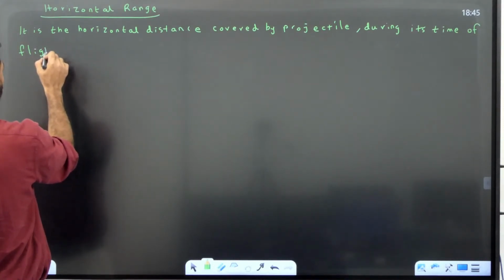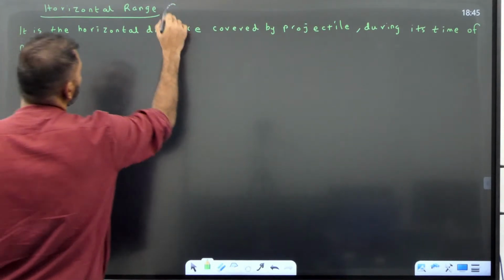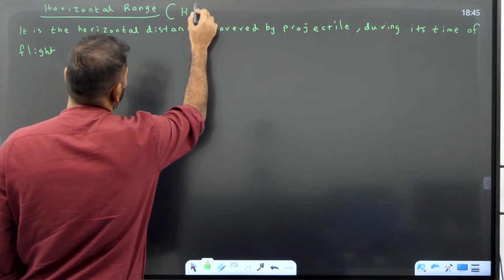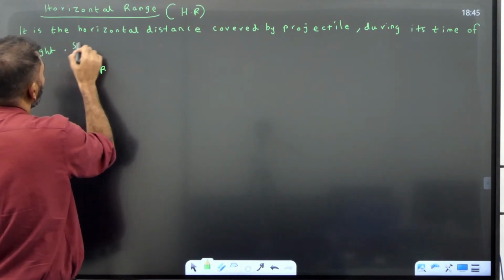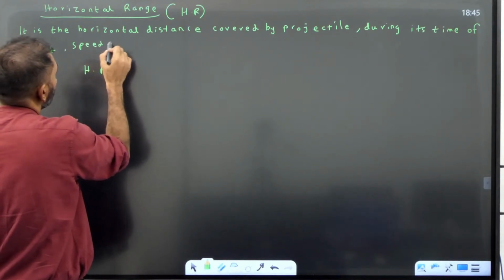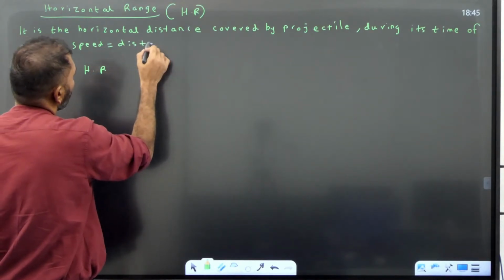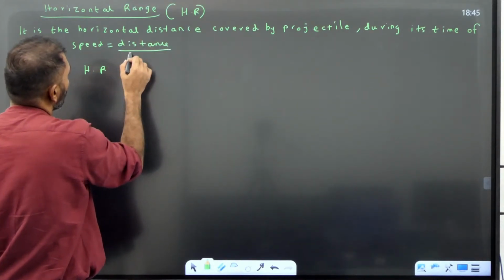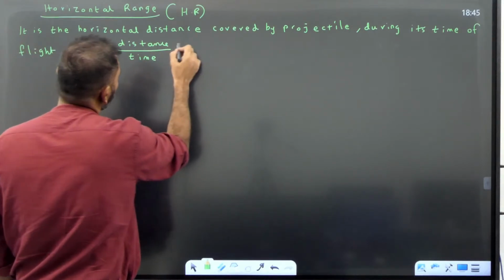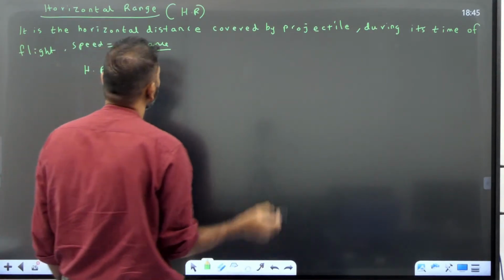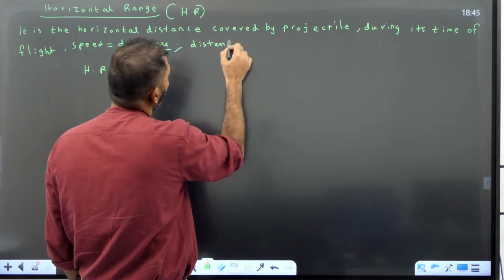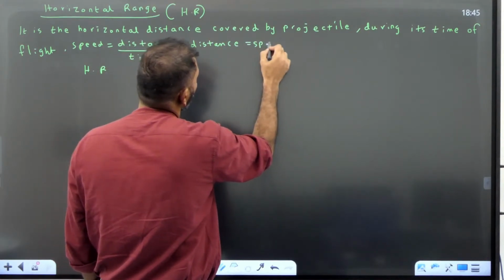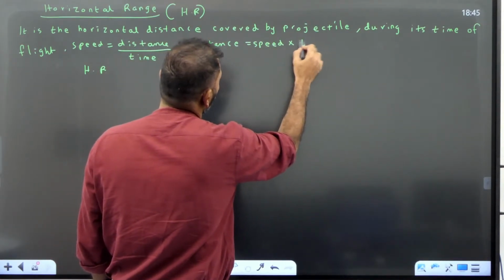So horizontal range, I am denoting it as HR. Speed equal to distance by time. So distance is equal to speed into time.